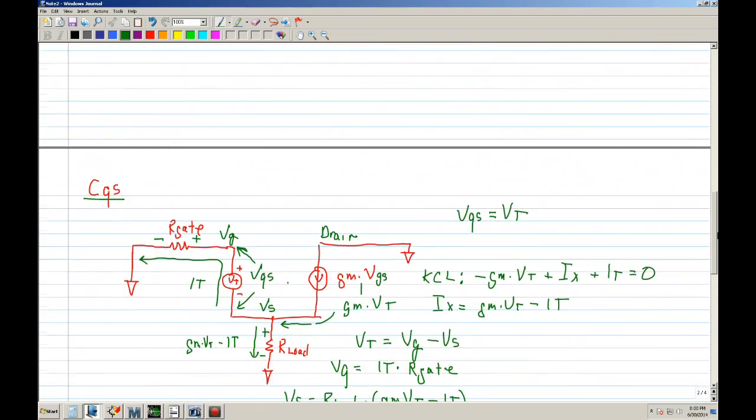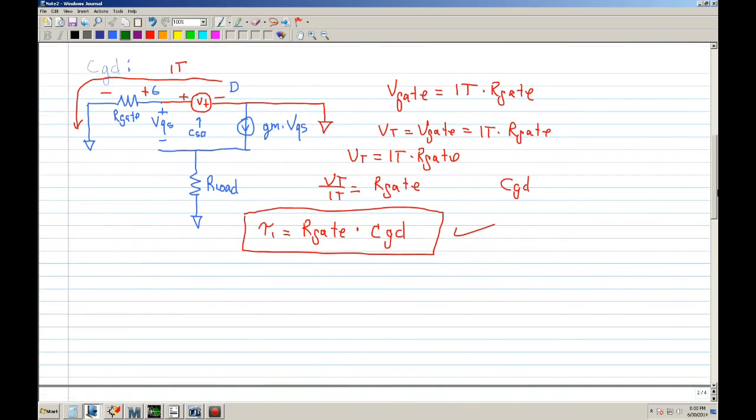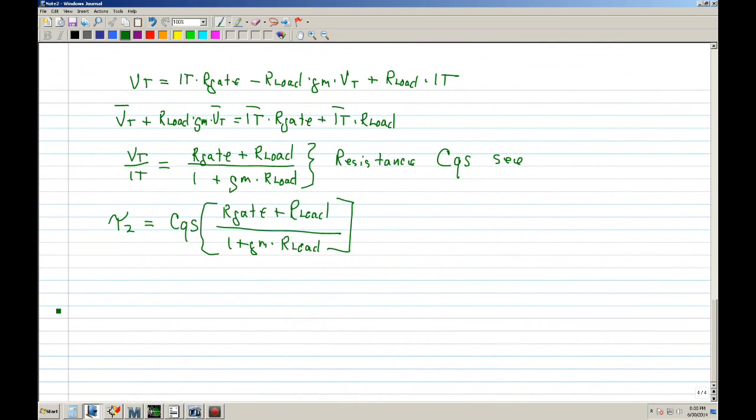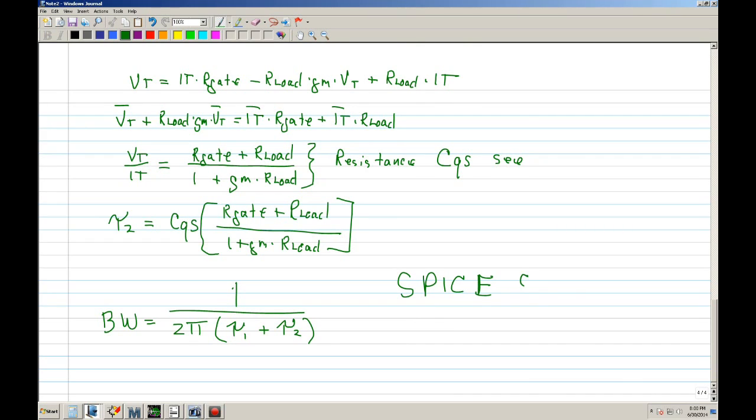Time constant. Okay, so I have it in the time constant. Now we put everything together. The bandwidth then is 2 pi times tau 1 plus tau 2. Okay, now I'm going to go ahead and do a SPICE simulation.